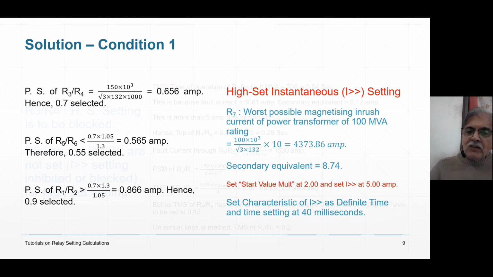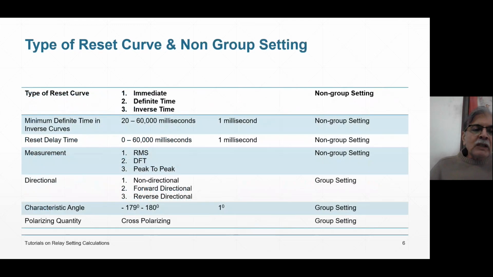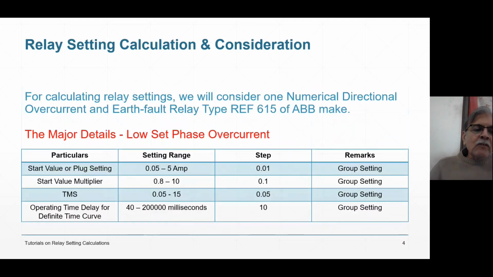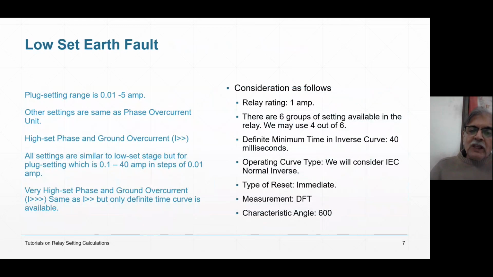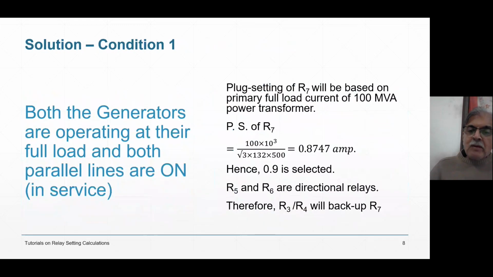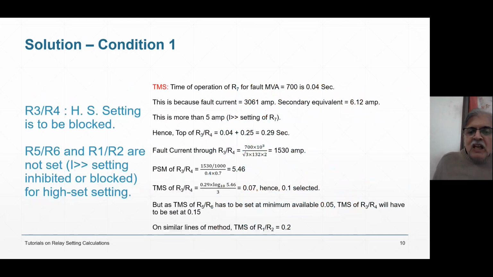Let me check the minimum available setting for TMS. Minimum available setting for TMS is 0.05. So if I select for R3, R4 0.1, then R5, R6 can be 0.05, but 0.05 is not calculated. Let us see the TMS of R3, R4. It will be 0.29 because the same PSM is 5.46, 0.29 into log divided by 3.07.